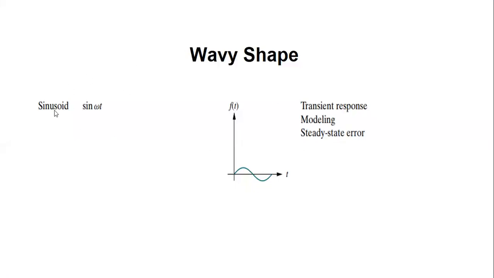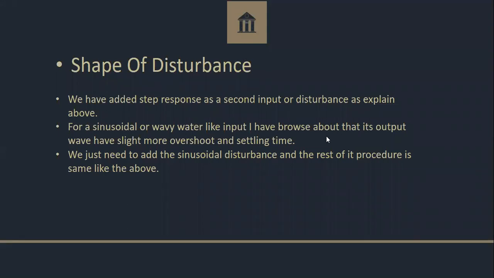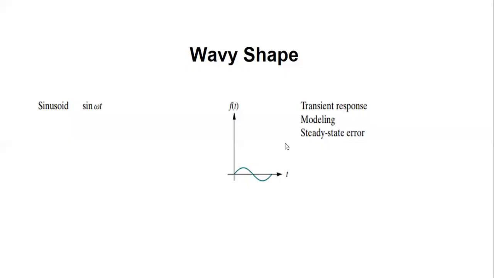The things I explained here I researched, and I also found a method for the wavy sinusoidal shape, but I can't explain it in this presentation because of my time limit. So this is how we can use root locus and a lead compensator to model steady state error or transient response.